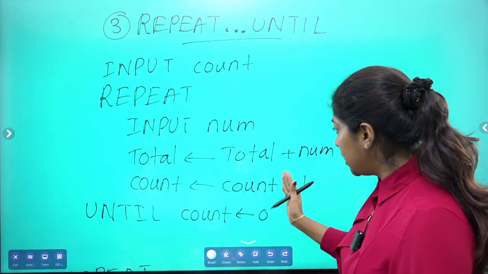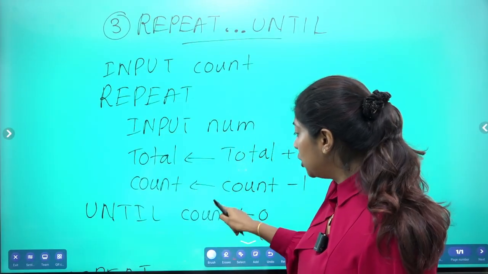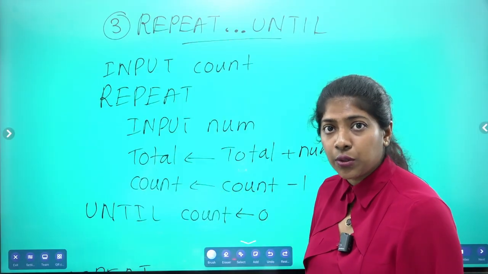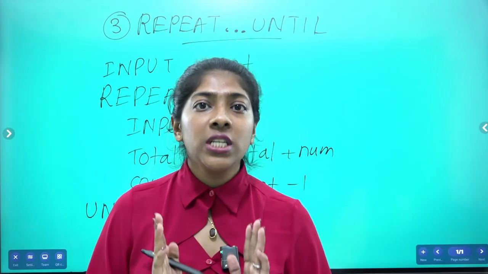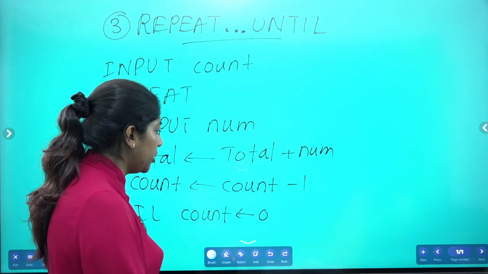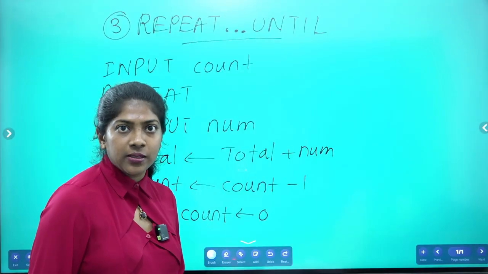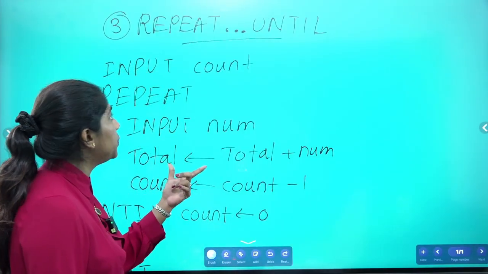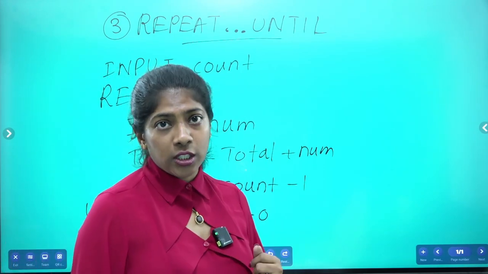So whatever it is, we have to run the loop until count equals 0, which means as long as the condition is false, the loop will run. At the point the condition becomes true, the loop will end. That is the difference between the while loop and the repeat until loop.